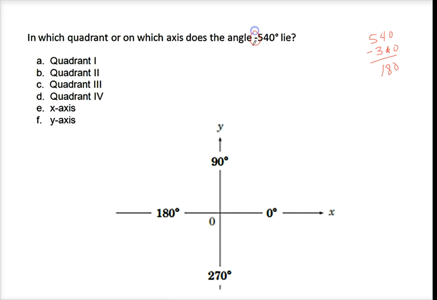It's a negative 540, so I know it's going to go down. Start at 0, it will go down to make 1 full circle, right? That's the 360 we took out, and then go 180 degrees more. So another half circle, and this is where the angle would end up, right here on the x-axis. So where does it lie? It's not in quadrant 2, it's not in quadrant 3, it's right on the x-axis.